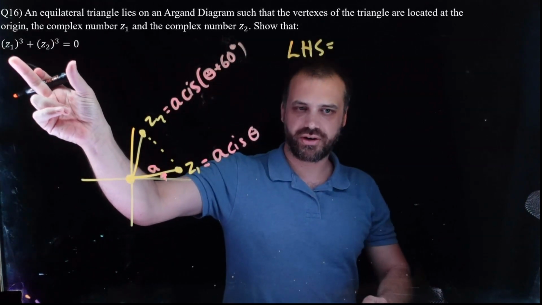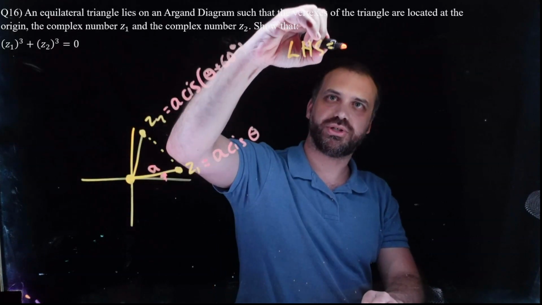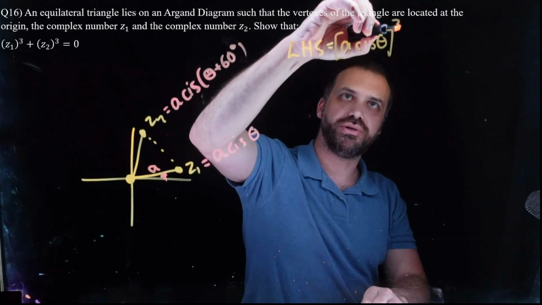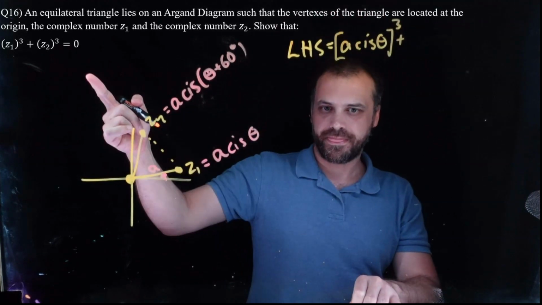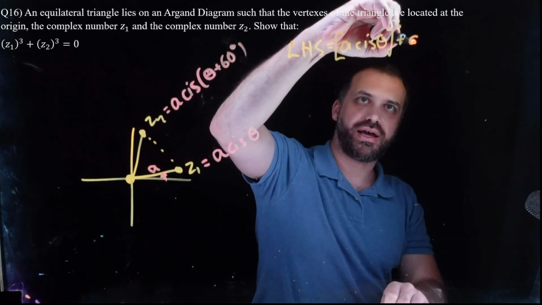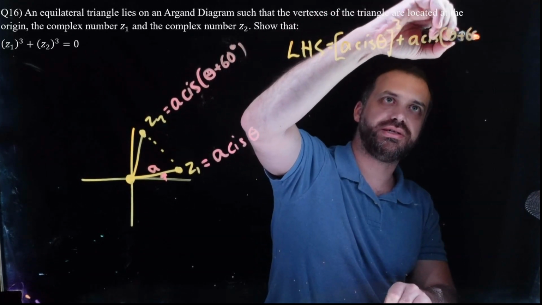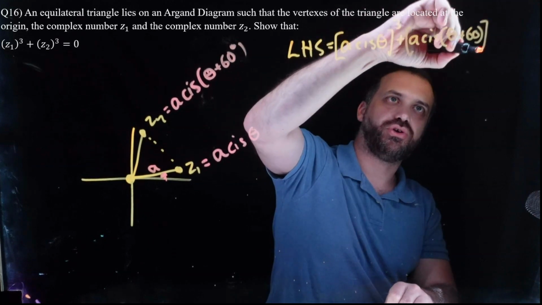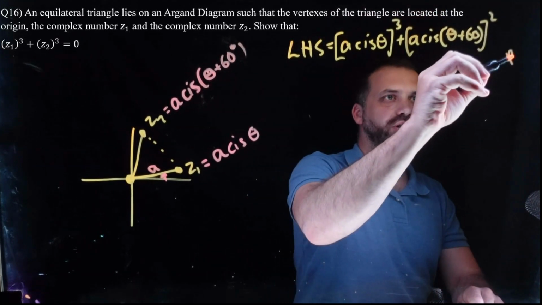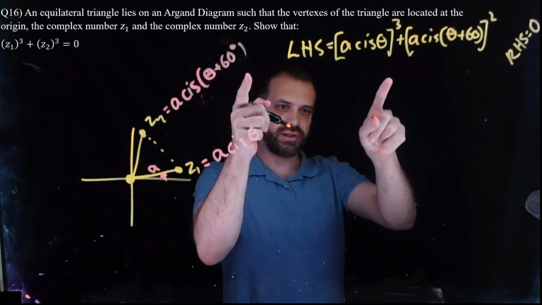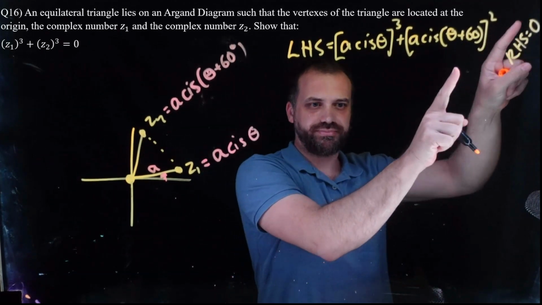The left-hand side of our equation is Z1, which is A cis theta cubed plus Z2 cubed. So A cis theta plus 60 cubed. And the right-hand side of our equation is equal to 0. And we've got to prove that the left-hand side equals the right-hand side.